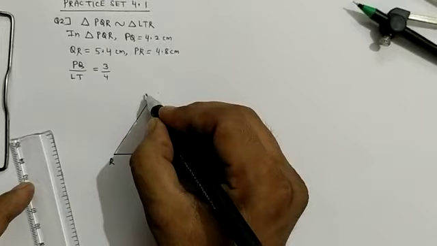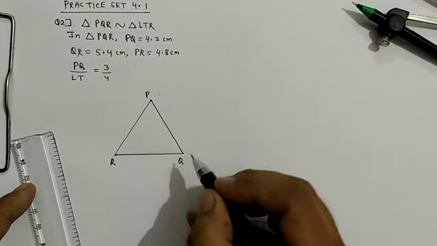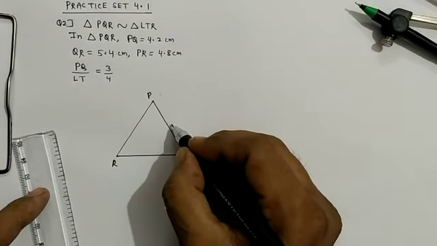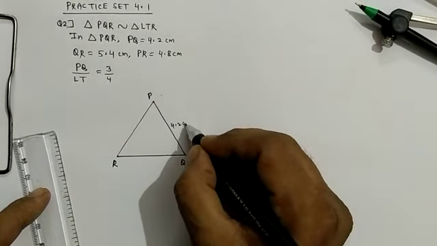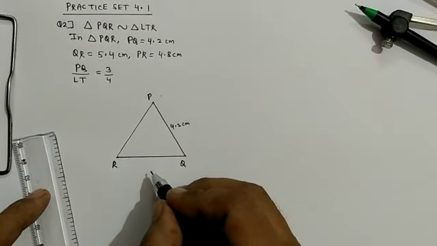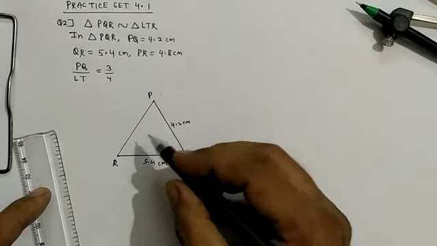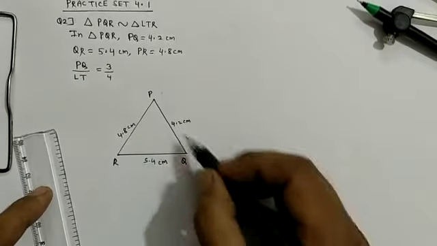You can mark P and Q. In triangle PQR, PQ is 4.2 centimeter, RQ is 5.4 centimeter and PR is 4.8 centimeter. So this triangle can be constructed.